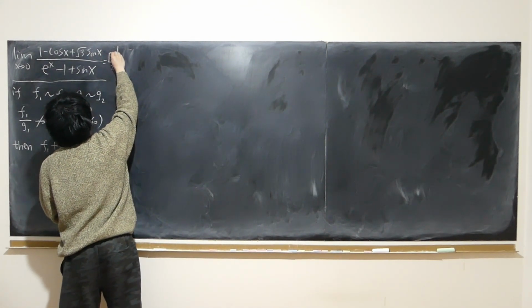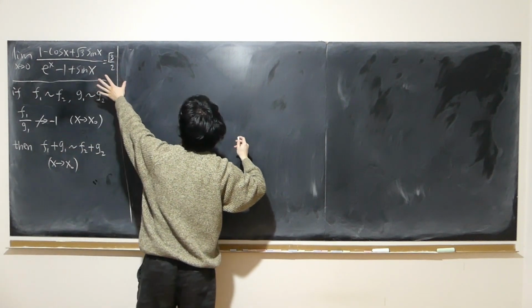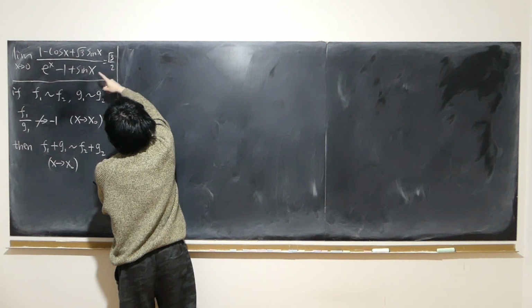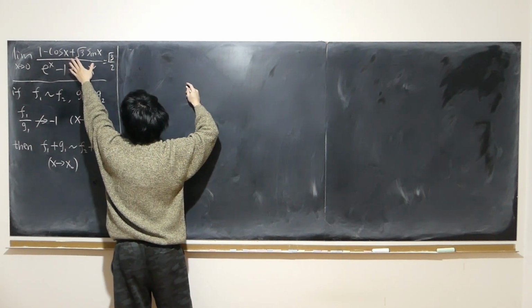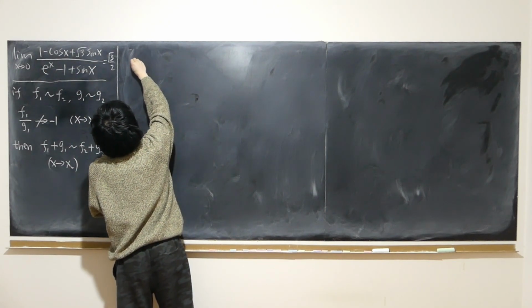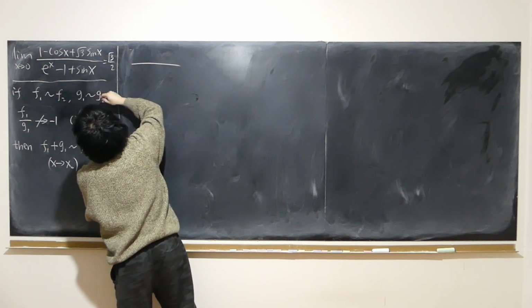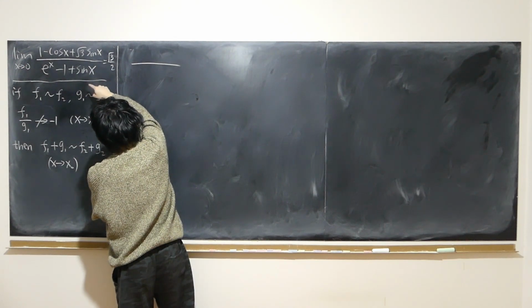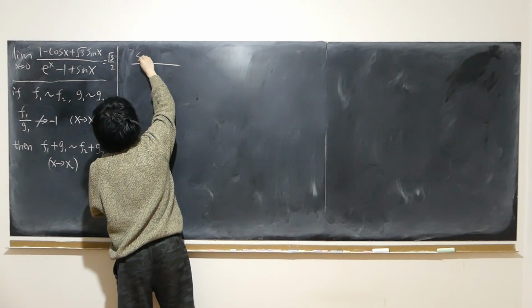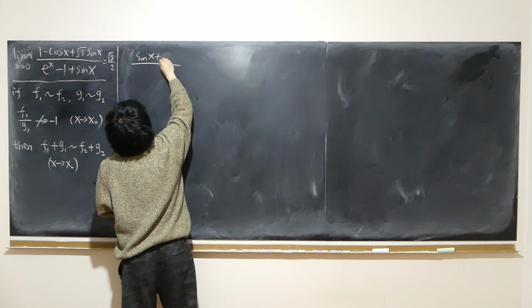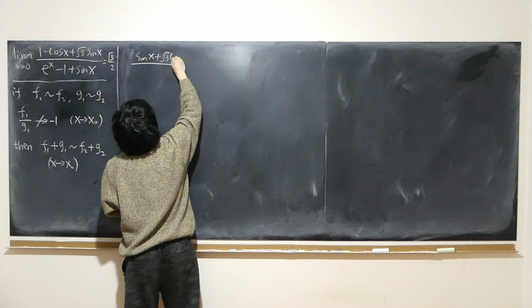And of course, that is not the only way of calculating it. For example, we can use L'Hopital's rule. We differentiate both top and bottom. Top: 0 minus cosine becomes minus sine x, minus sine x, its derivative, and plus square root of 3 cosine x.